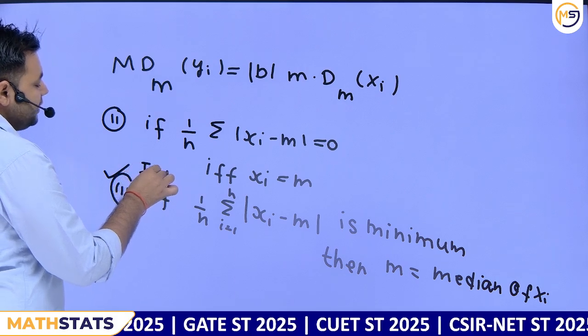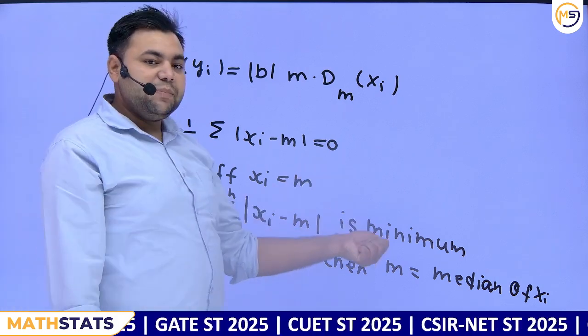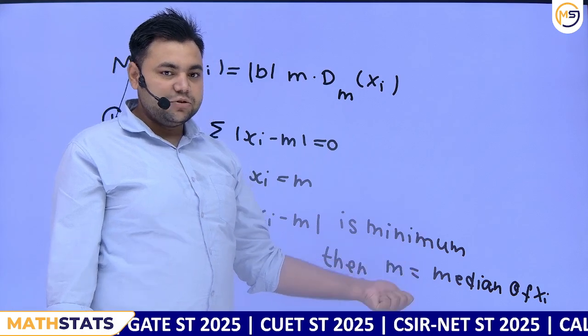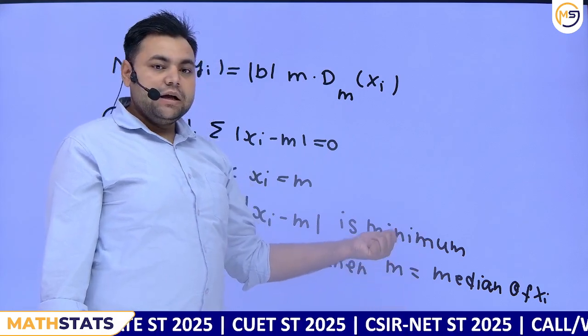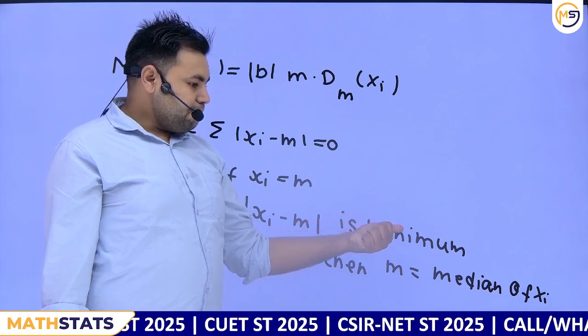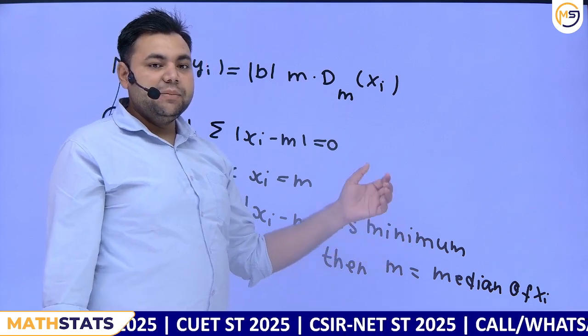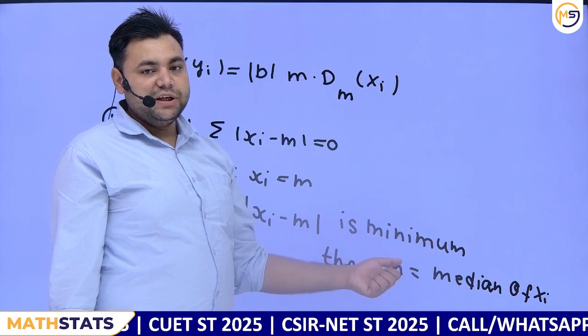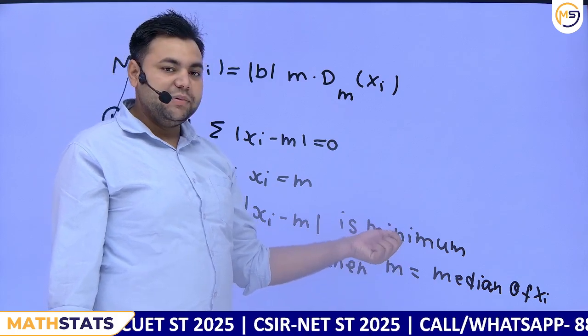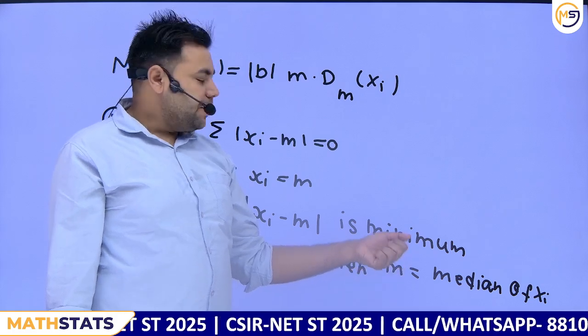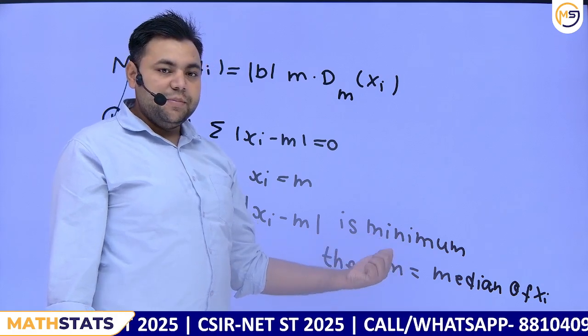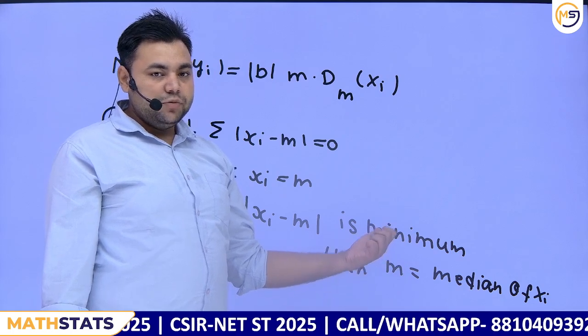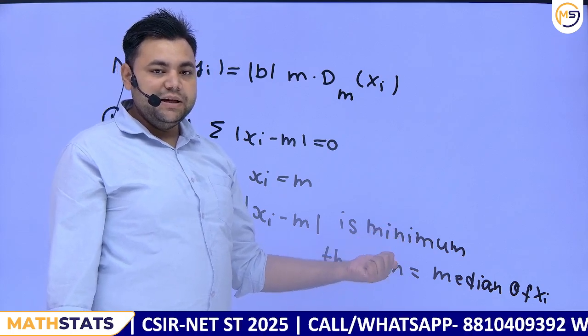This property is very important because it is used in statistical inference also. When you find the MLE of the double exponential or Laplace distribution, we can use this property. Mean deviation about the median is minimum, so here we can take the median as the MLE.